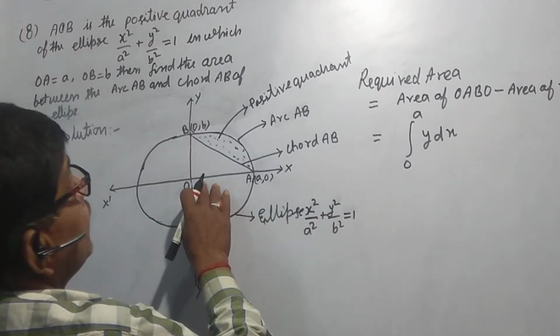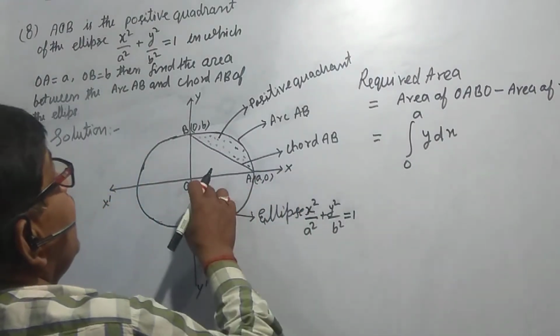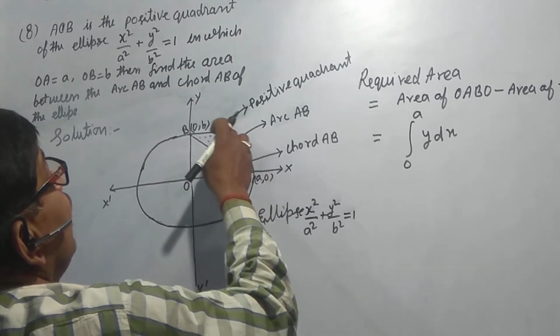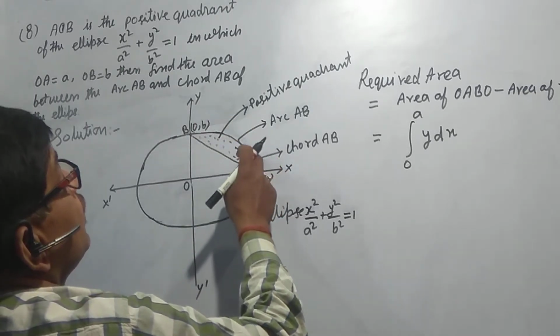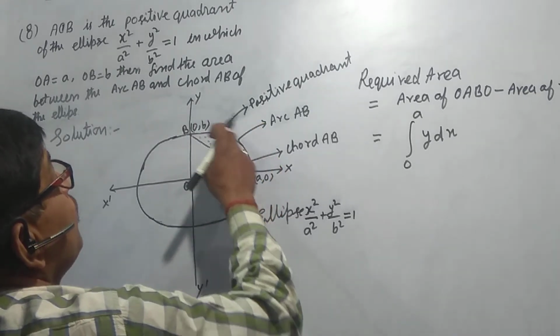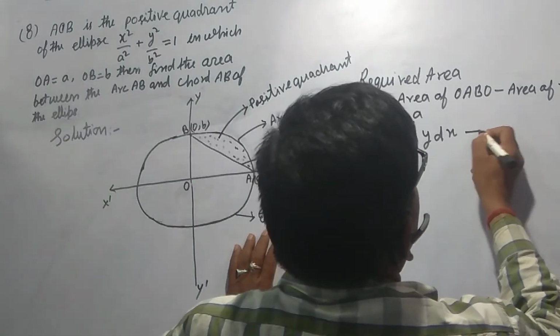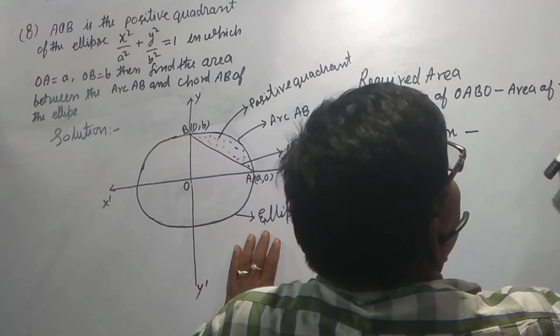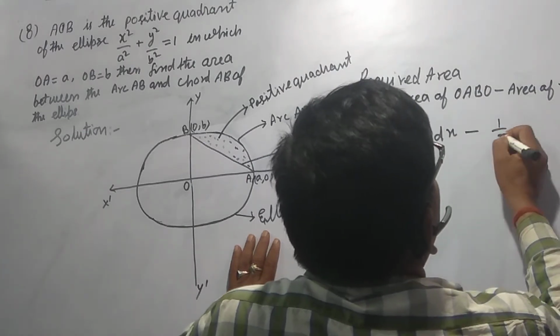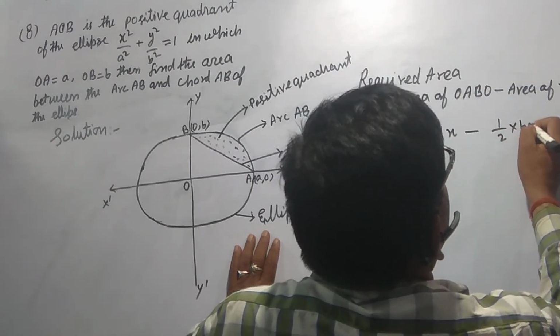It means that with the help of this we calculate the area under this ellipse curve, minus the area of the right angle triangle, 1/2 base into height.